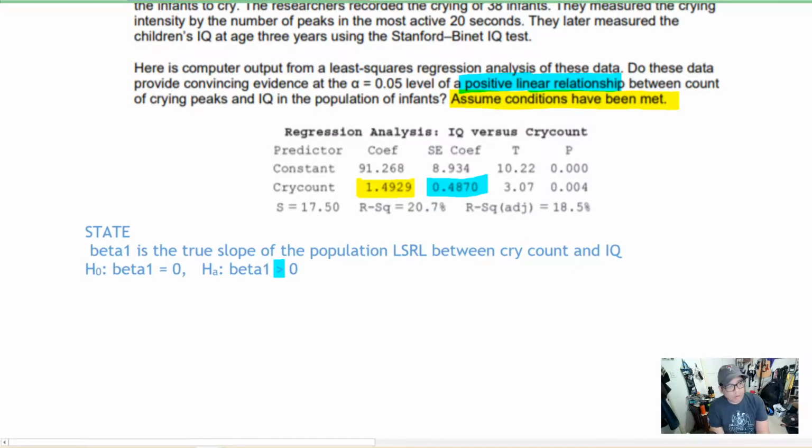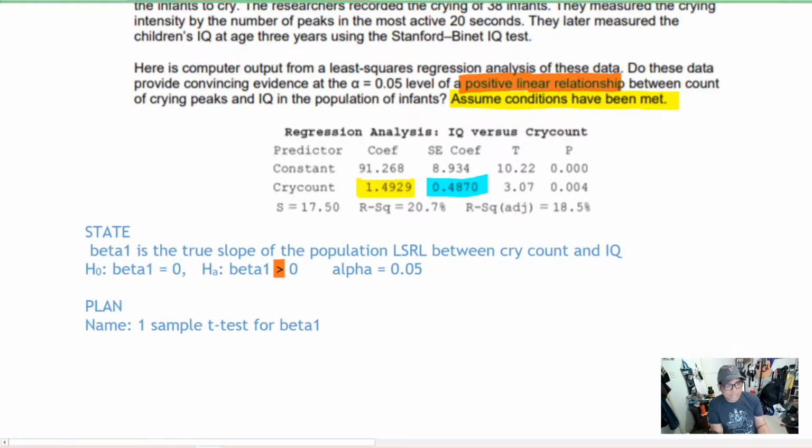We've got our null hypothesis, beta 1 equals 0, versus the alternative, beta 1 is greater than 0. Remember that we're using greater than 0 because our question told us to test to see if there is a positive linear relationship. And our significance level is 0.05.